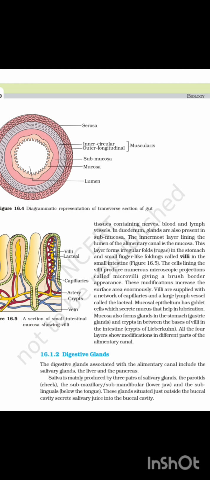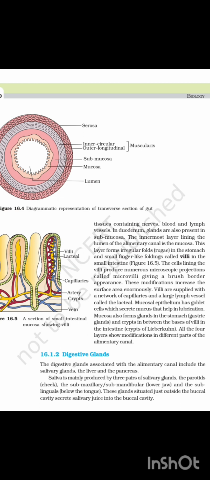Villi are supplied with a network of capillaries and a large lymph vessel called the lacteal. Mucosal epithelium has goblet cells which secrete mucus that helps in lubrication. Mucosa also forms glands in the stomach, gastric glands, and crypts in between the bases of villi in the intestine, crypts of Lieberkuhn. All of the four layers show modification in different parts of the alimentary canal.